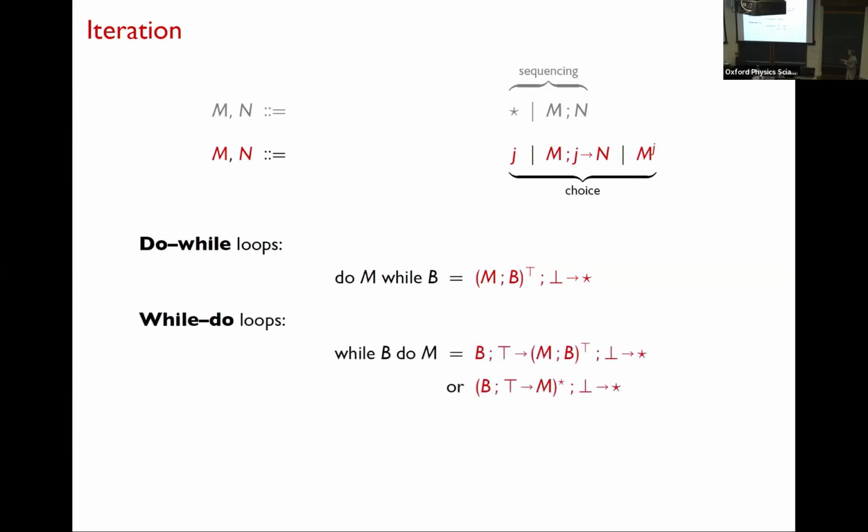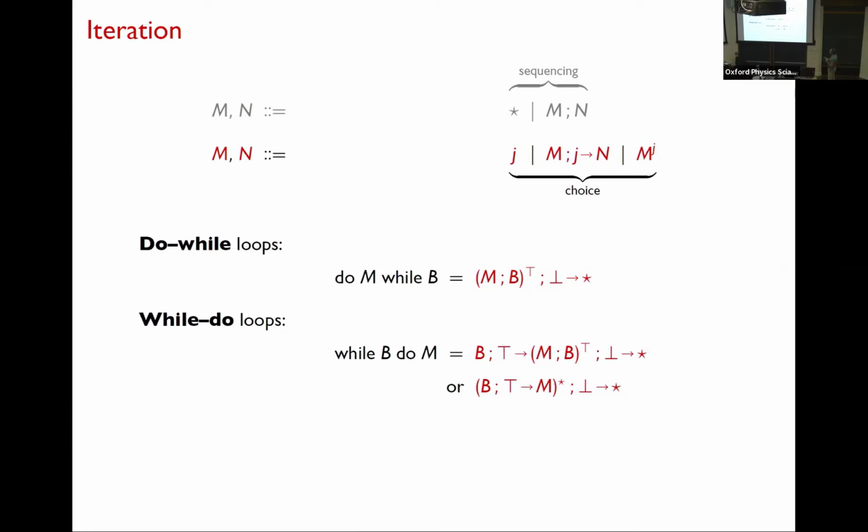A normal while loop is while B. We can encode that in a normal way. So first do B, and if it's true, then do the do-while loop, and catch the failure. And this catches both failures, that B and that B. Or we can be clever and do the Boolean first. Then on top, if it's true, we do M and we repeat on success.